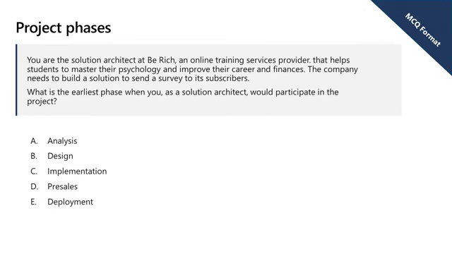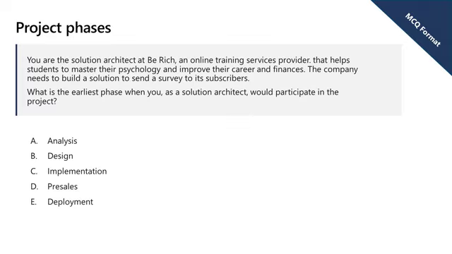As an example here, I got this kind of question about the project phases. You are the solution architect at BeRich, an online training service provider that helps students to master their psychology and improve their careers and finances. The company needs to build a solution to send a survey to its subscribers.